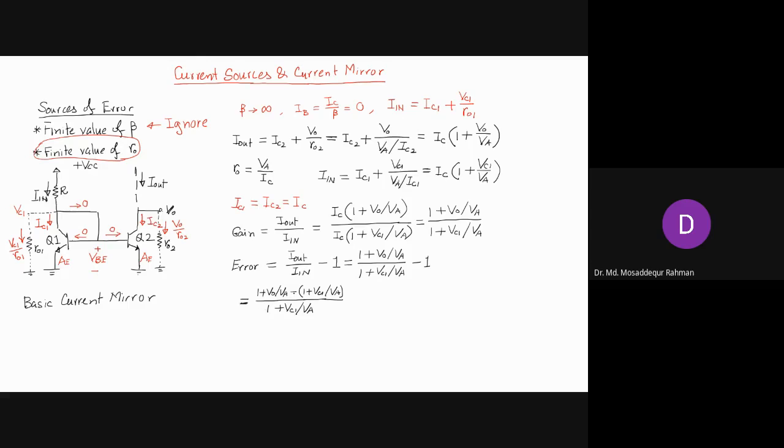So the 1 and 1 cancel out, and we will be left with V naught minus VC1 divided by VA, then by 1 plus VC1 by VA.